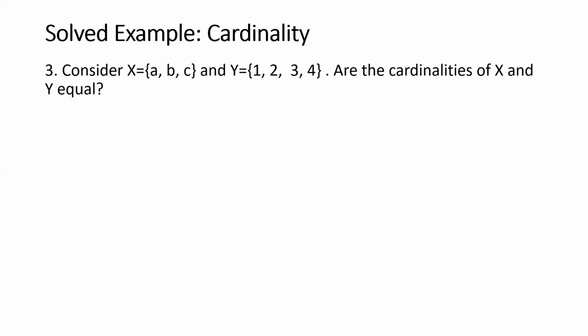So let's look at another example. Consider X equals {A, B, C}, and Y equals {1, 2, 3, 4}. Are the cardinalities of X and Y equal?